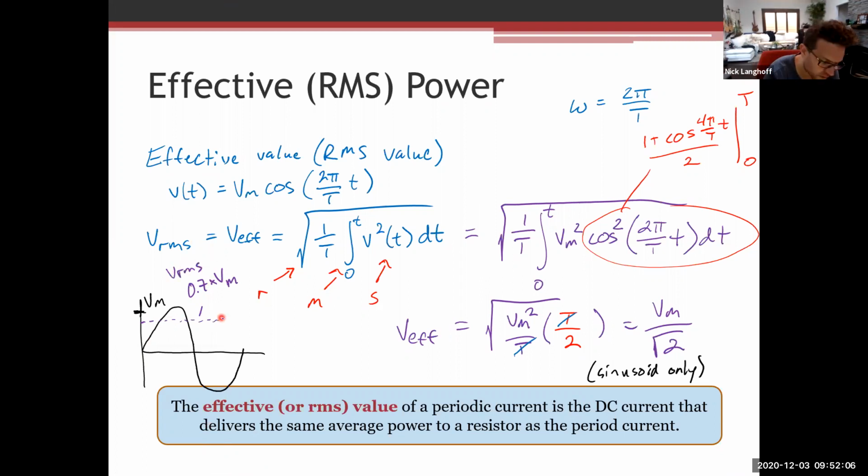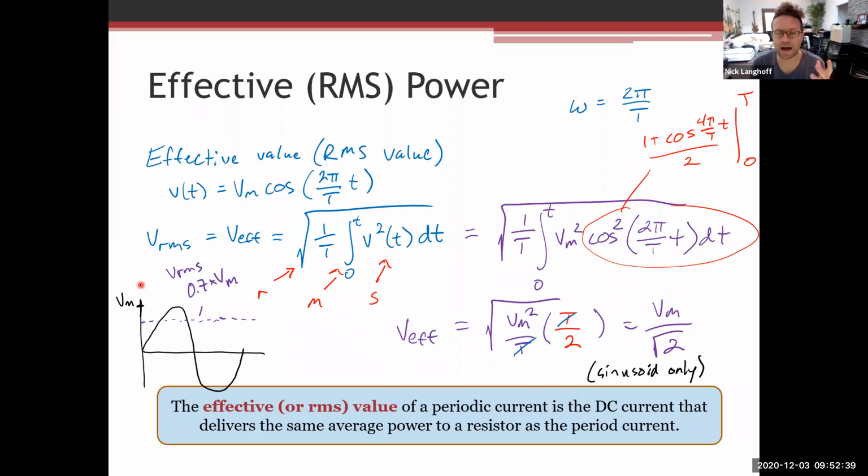So the effective voltage is sort of close to the peak voltage, but it's not the peak voltage. The peak voltage is in fact higher. 70% of Vmax is VRMS. I didn't draw that very carefully here, but it should be something like that. So that's what the effective voltage is.